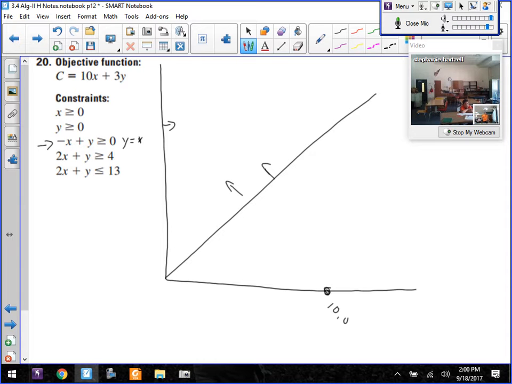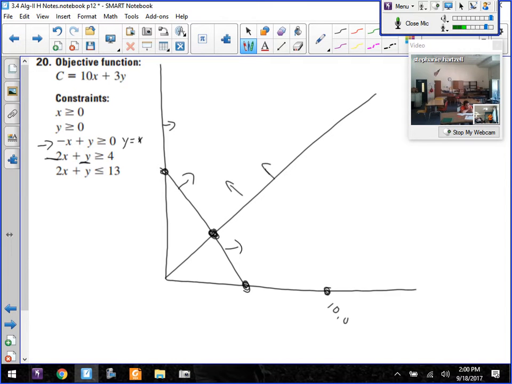Okay? Go to the next one. You have x-intercept 2, y-intercept at 4. Inward or outward if you're shaded? Outward, very good. 0 plus 0 is not bigger than 4, so it's out here, which gives you a point here.